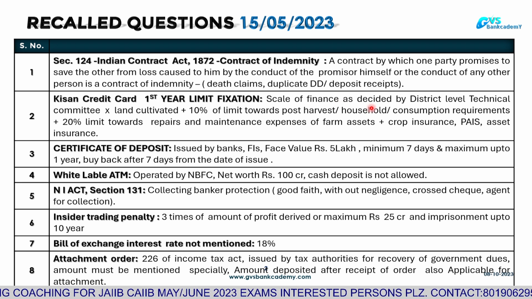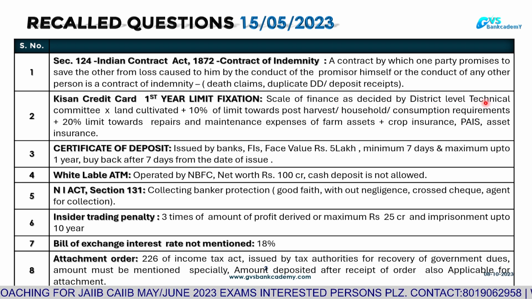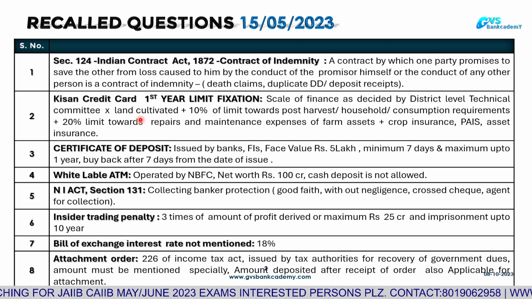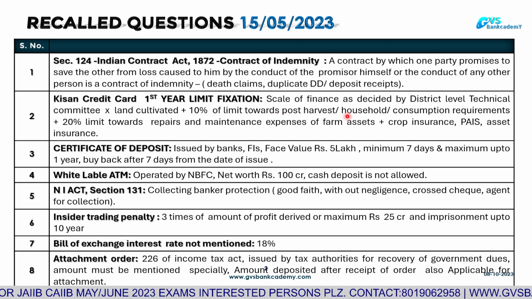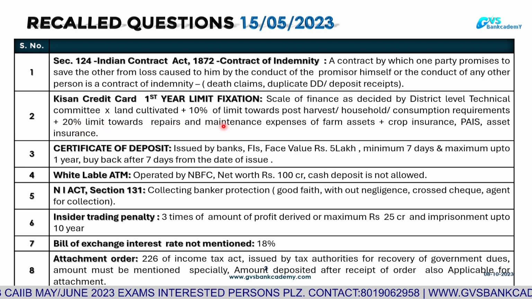So, scale of finance as decided by the district level technical committee into land cultivated, plus 10% of limit towards post-harvest household consumption, plus 20% limit towards repairs, maintenance.